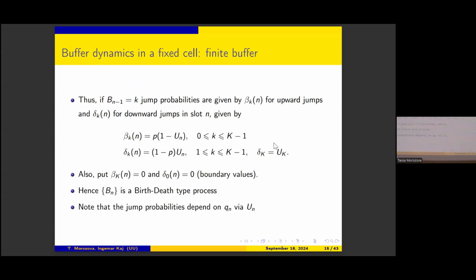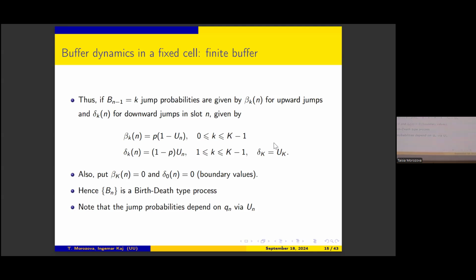Yes, so if you think about the buffer process, what can happen between two time slots? The buffer can either increase by 1, or decrease by 1, or stay the same, right? So in a sense, it's a jump process, and we can actually define the jump probabilities. For upward jumps and downward jumps, they come out pretty simply here, because an upward jump happens when we have an arrival and we did not transmit, right?